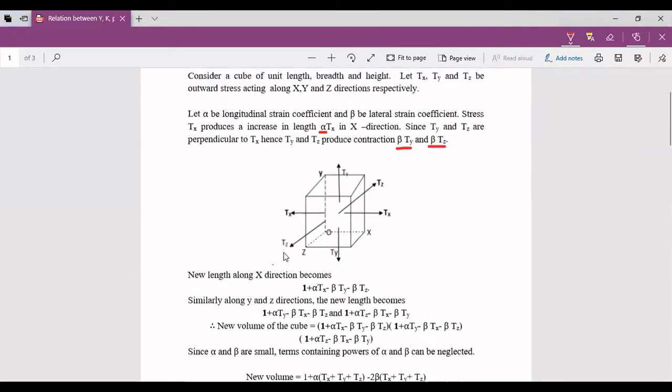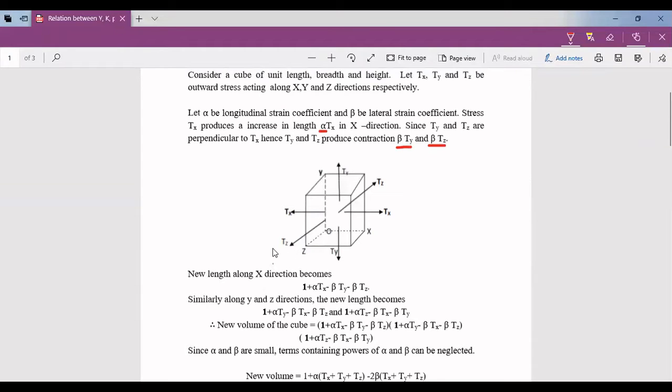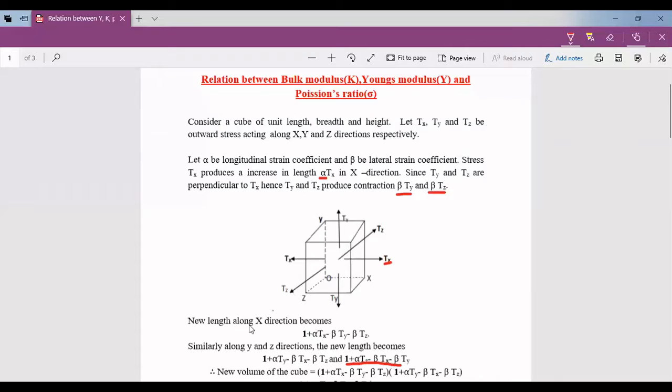Therefore, the new length along the x direction becomes 1 plus alpha Tx minus beta Ty minus beta Tz.